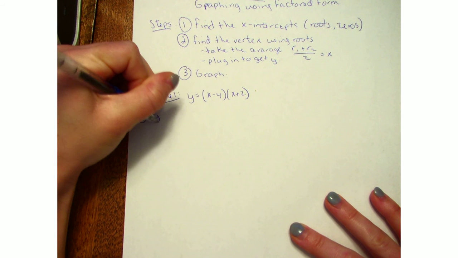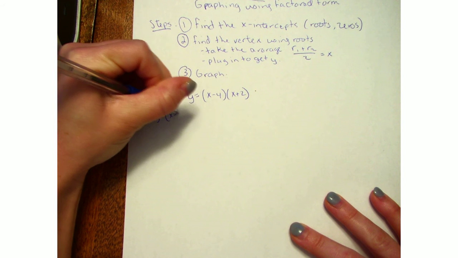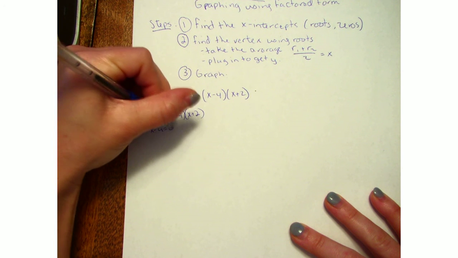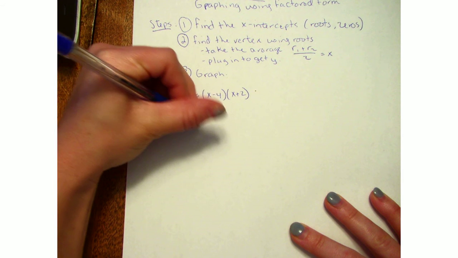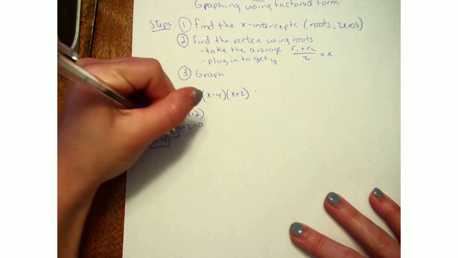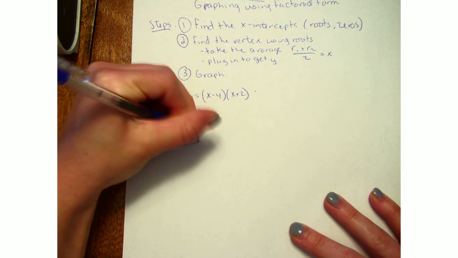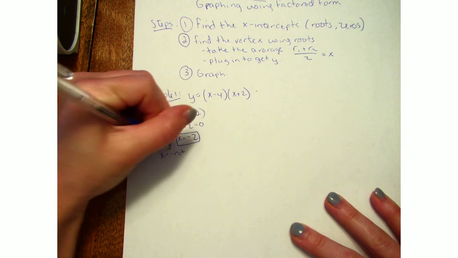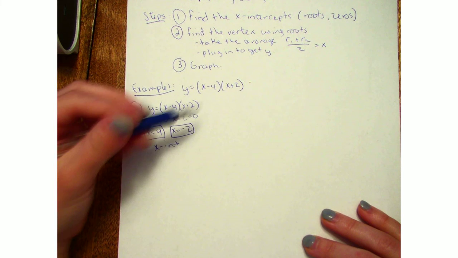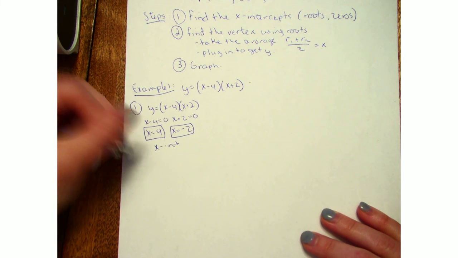So we're going to say x minus 4 equals 0, x plus 2 equals 0, just like we did yesterday. X equals 4, x equals negative 2. Those are my x-intercepts. Then we're going to find the vertex using the roots, and we're going to take the average.